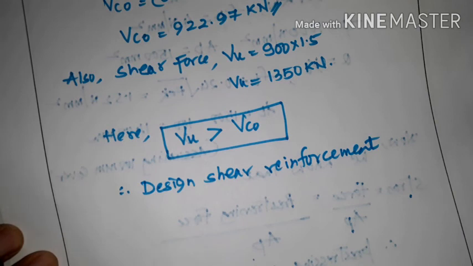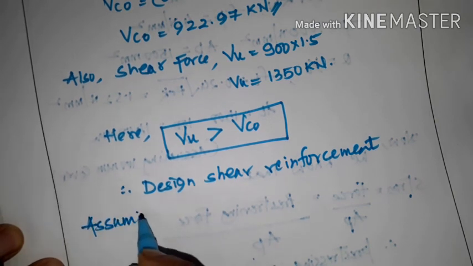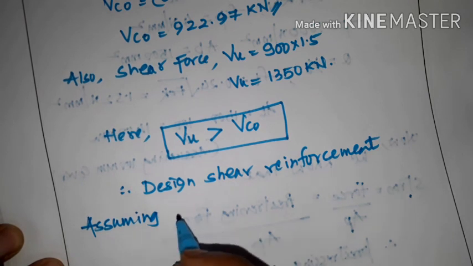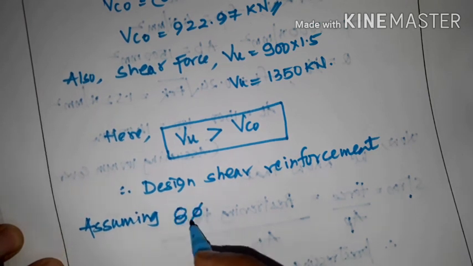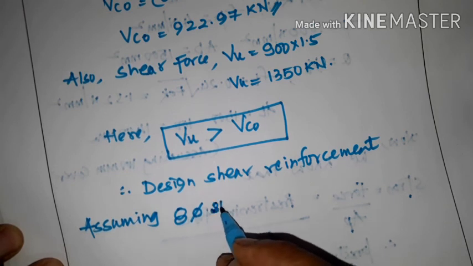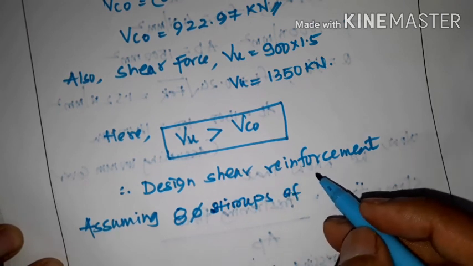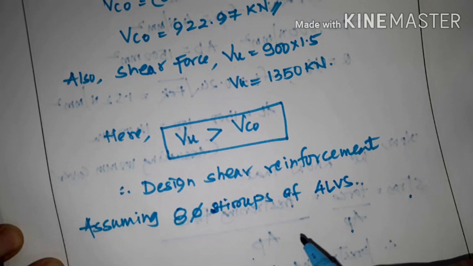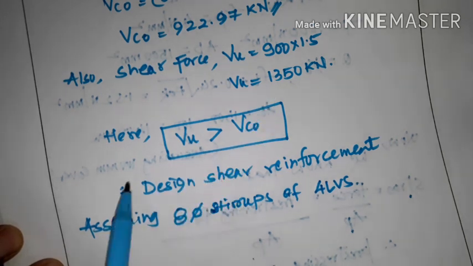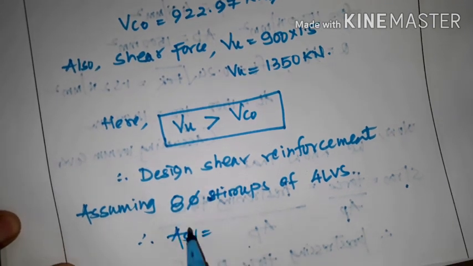Okay, so assuming stirrups of 4 legs, because shear force is very high, so we will assume 4 legs. You can try with 2 legs also, but spacing will be very less.